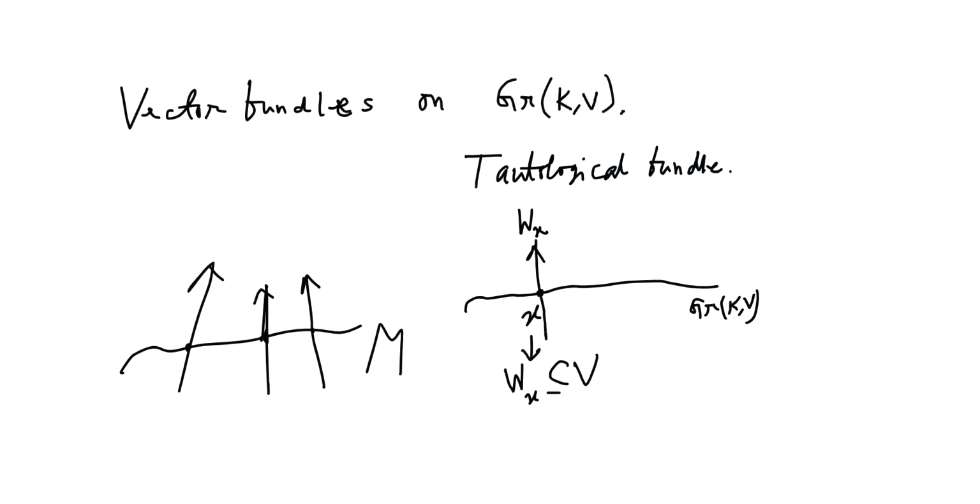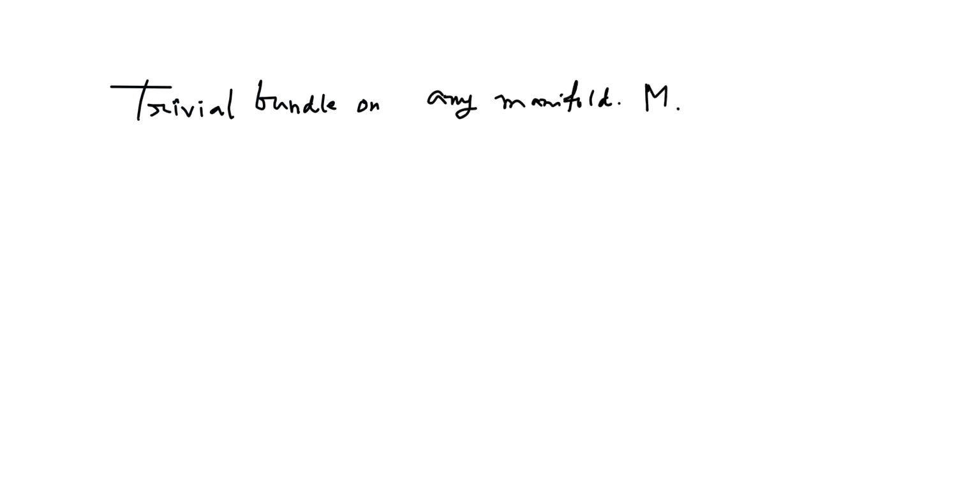And then there is also the trivial bundle on any manifold M. So what is that? That is just M cross Rn.